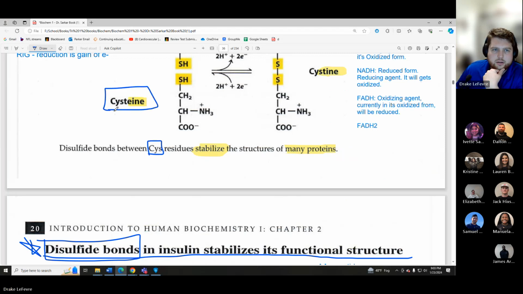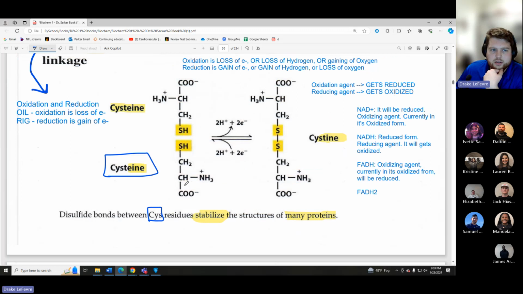Cysteine forms the disulfide bond, and once it forms the bond, it's then called cystine. It's the same thing, just one is bound to another, while the other is still separate. Don't let that trip you up too much.